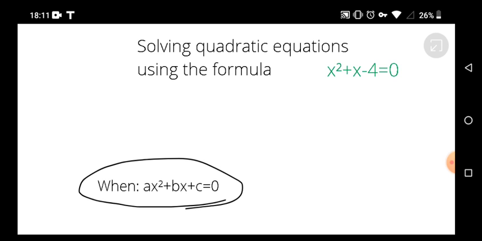Basically they're just coefficients, lots of x squared, lots of bx, lots of c. And that needs to be equal to 0. If it's not, rearrange it to be equal to 0. If you can't do that, it can't be solved. Just a little disclaimer before I go in there: we do need it in that form for this to work.